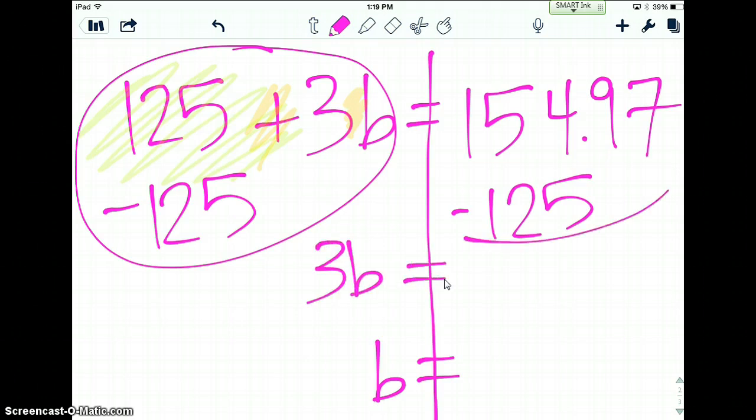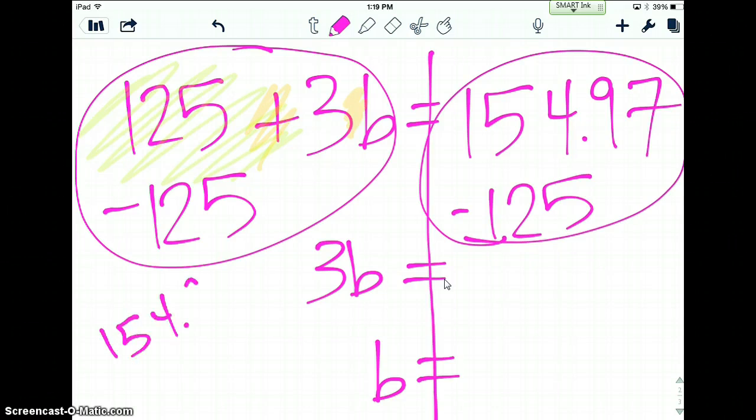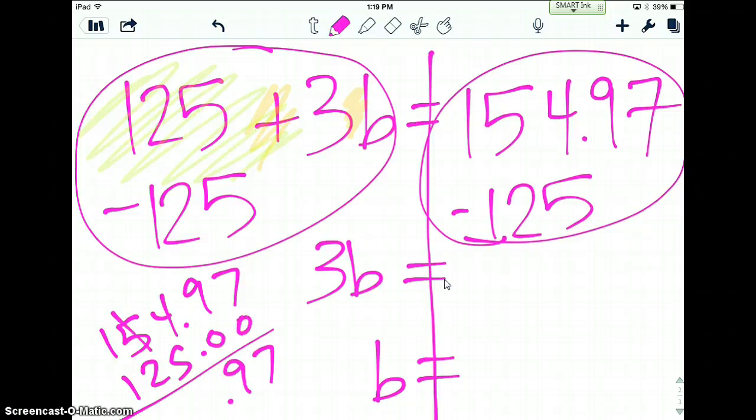And then over here, if I simplify this, 154.97 minus 125 would be, and I'm trying to do it, maybe you are too, which would be awesome, 29.97, because I subtracted 125. So that's what 3b's are worth.